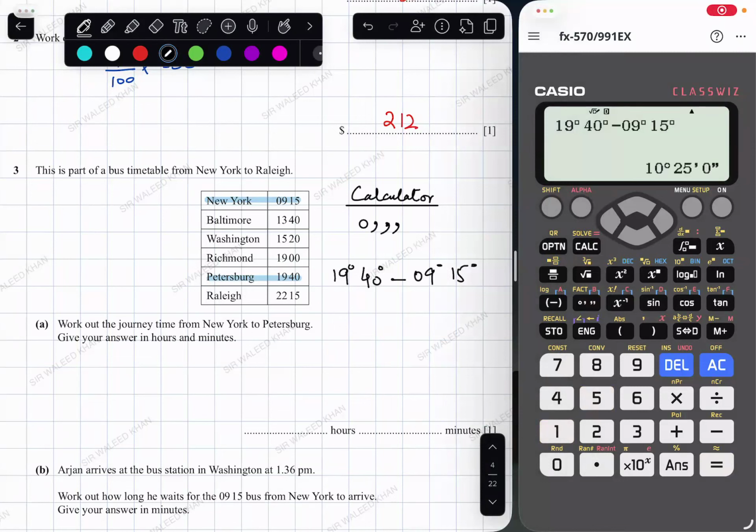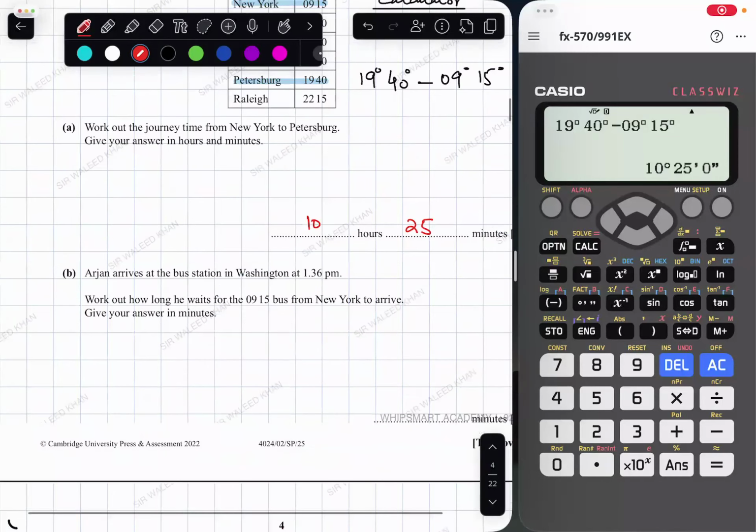So we have 10 hours 25 minutes. That's your answer, direct. So in P1, you have to figure out how to convert the hours to minutes and stuff. Over here, you can do it directly. Now, B.